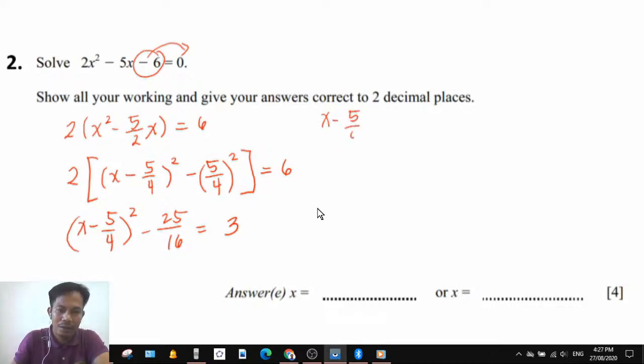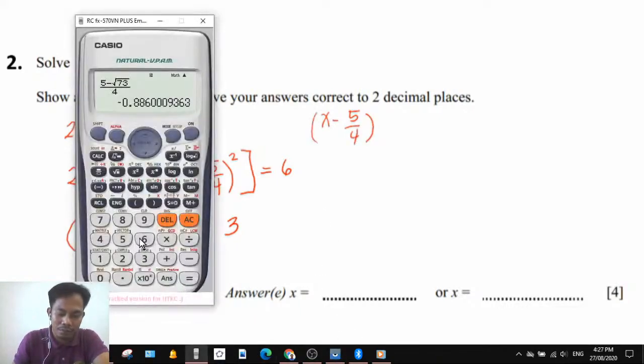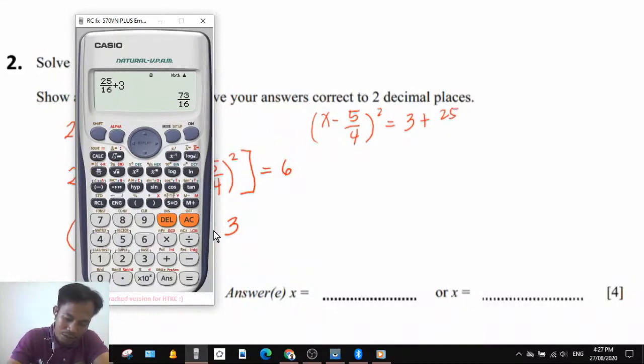I'll use my calculator so that it will be easier. 25 over 16 plus 3 is equivalent to 73 over 16, which will give now x minus 5 over 4 squared is equal to 73 over 16.